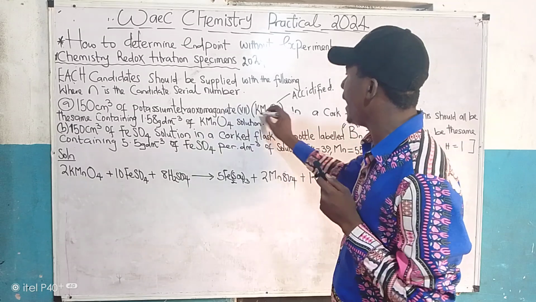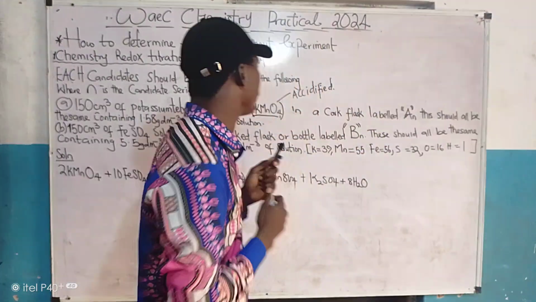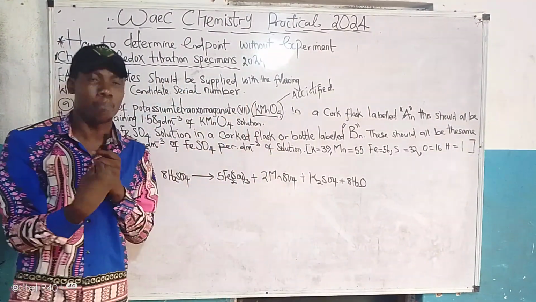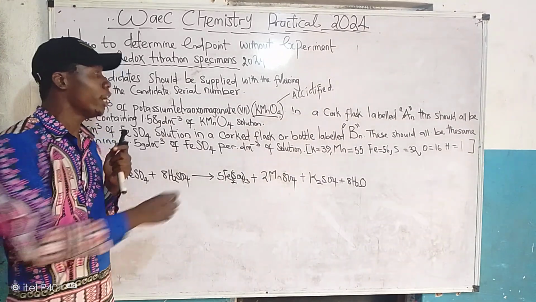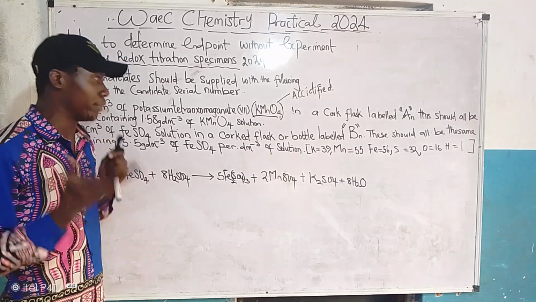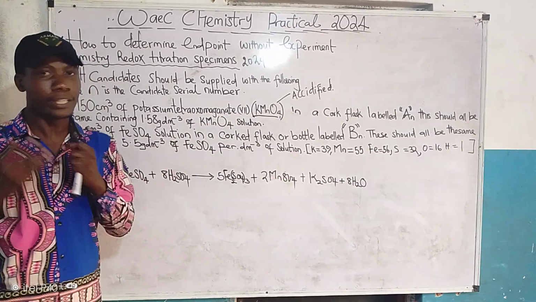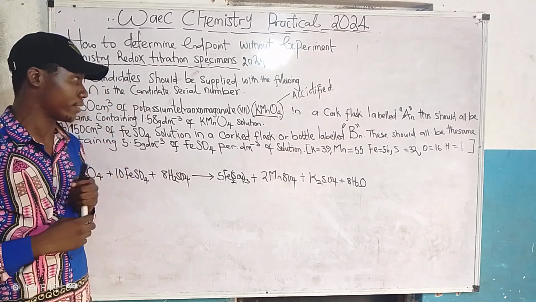The purpose of acidifying it is to remove any interfering gases that might be absorbed by the KMnO4 during the experiment, so as to prevent you from having a wrong reading value. So KMnO4 is always acidified with H2SO4 so as to precipitate interfering gases.